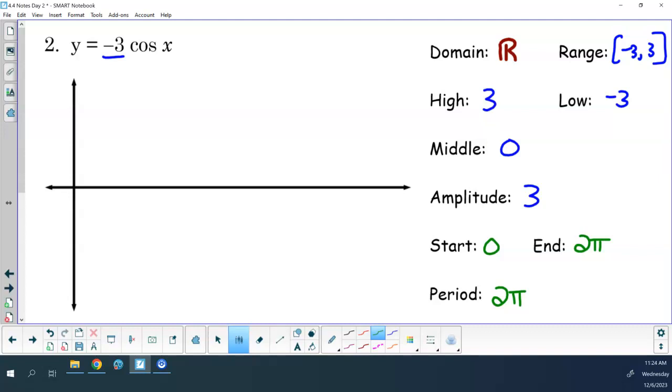Cosine value is +1. Then I got to take that times -3. That gets me the -3. So this one actually starts down low, goes up high, and ends down low.